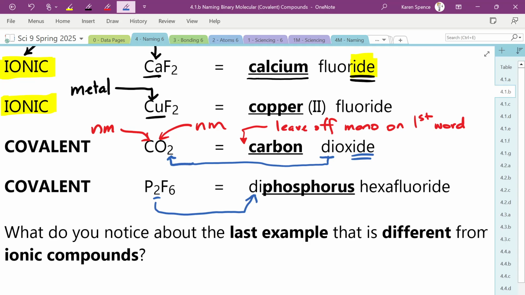What goes on the first word? Everything except mono. And what goes on the second word? Everything. Okay, second word doesn't lose any prefixes. What is the prefix for 6? Hexa. So we write hexa, and then our ending changes to ide.